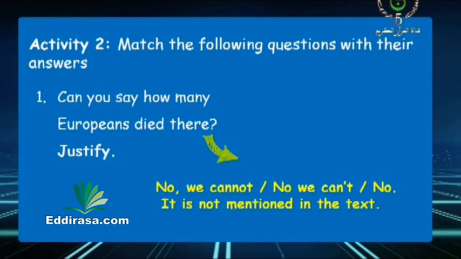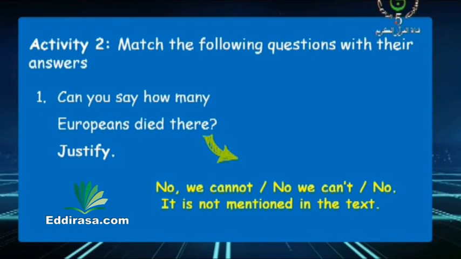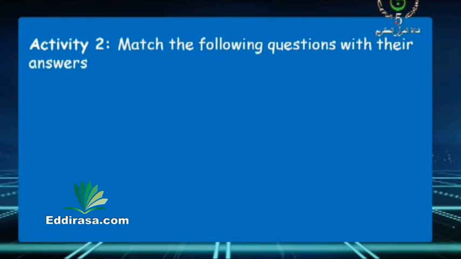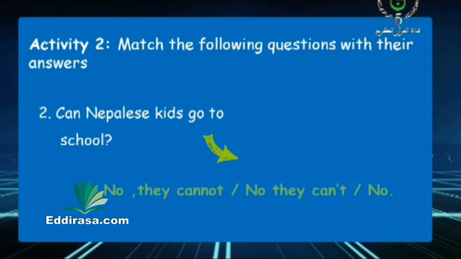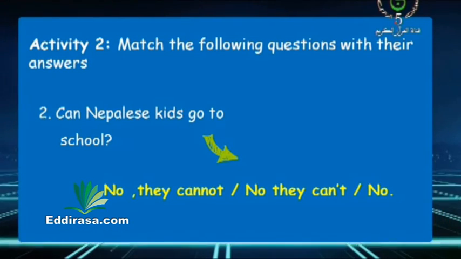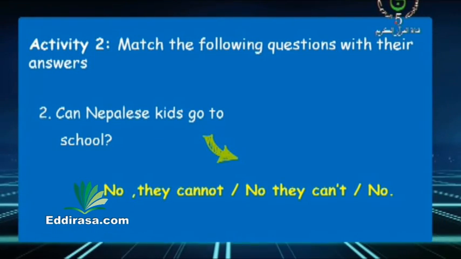No, we can't. Or, no, it is not mentioned in the text. Question 2. Can Nepalese kids go to school? So, the correct answer here is no, they cannot, or no, they can't, or just no.